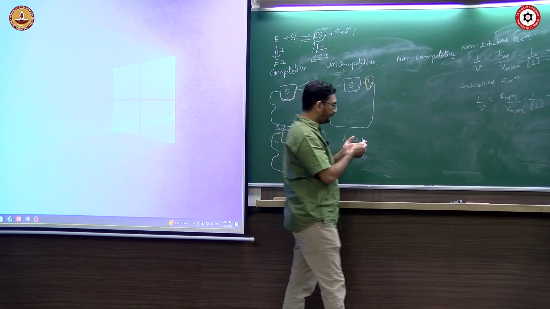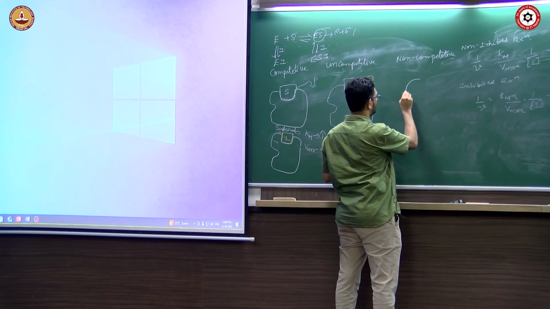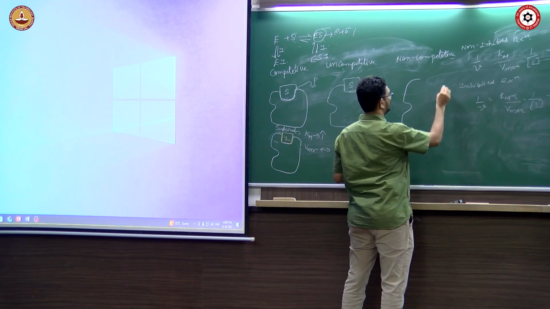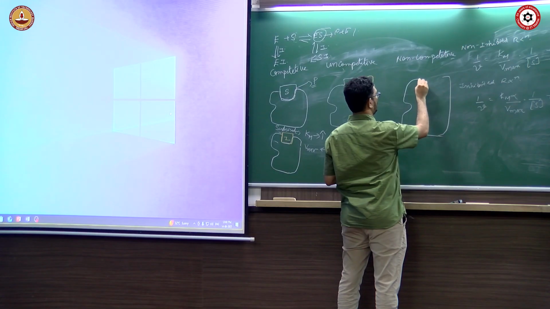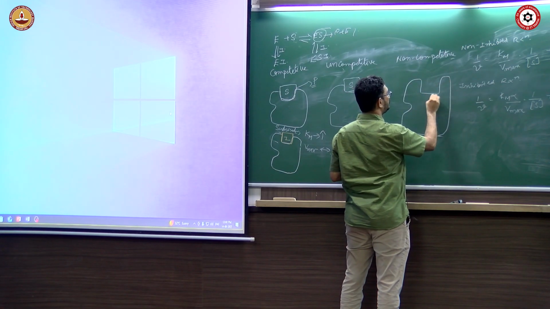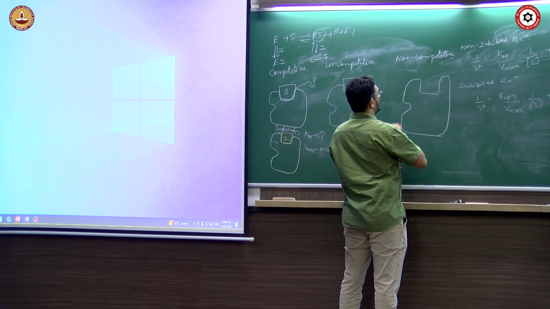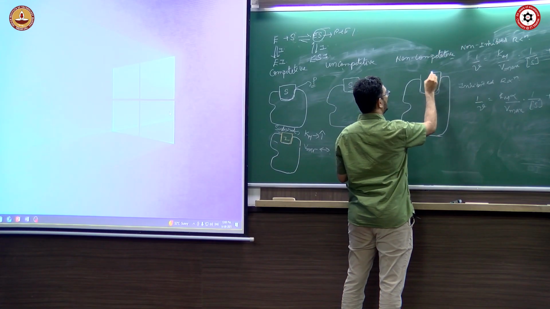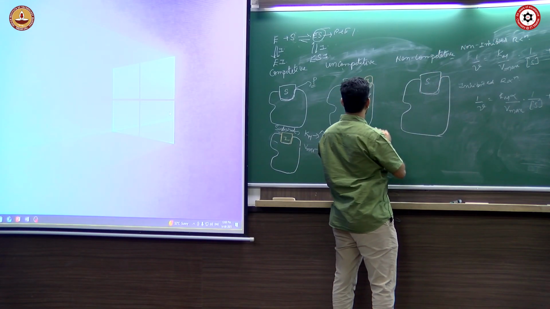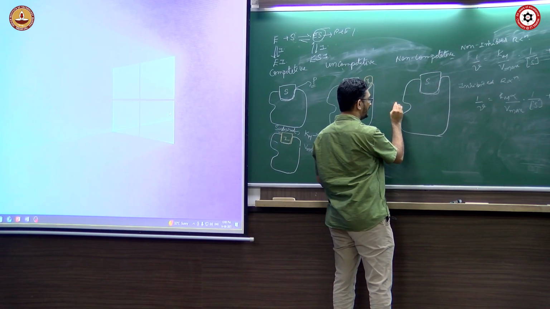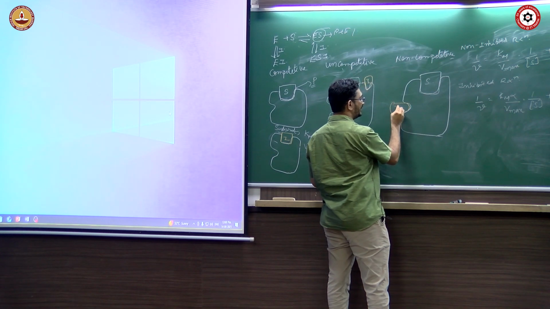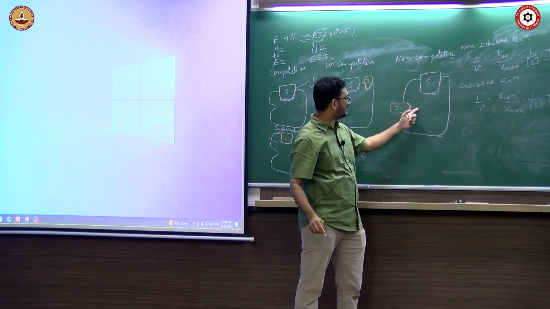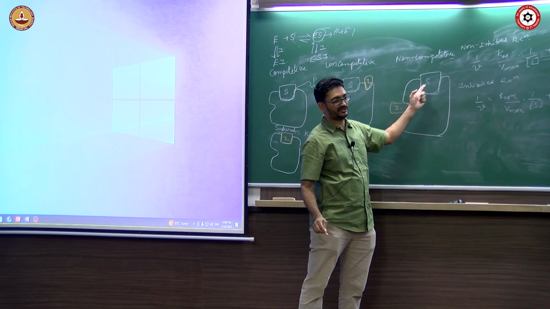Okay. In case of non-competitive inhibition, you have a substrate that is binding, and the inhibitor binds to a different region, and this can bind to both enzyme or enzyme substrate complex in both the cases.